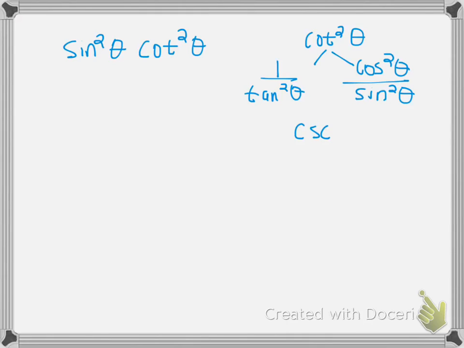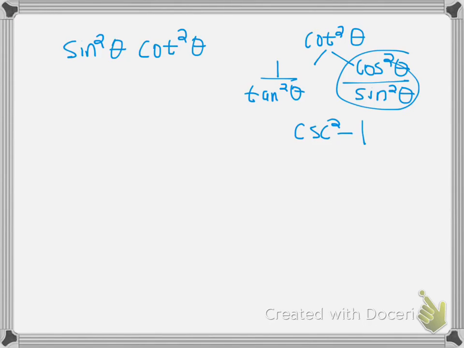Remember, cotangent squared plus 1 equals cosecant squared, and all I'm doing is solving for cotangent squared. So this is a third way that I can represent that same information: cosecant squared minus 1. I'm using my Pythagorean identity from previous videos to help me out with this.